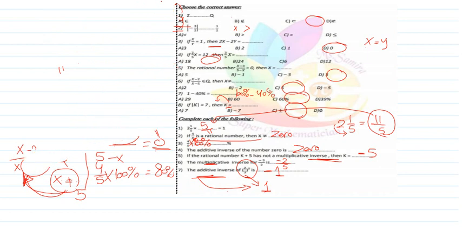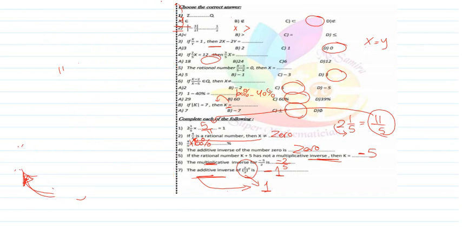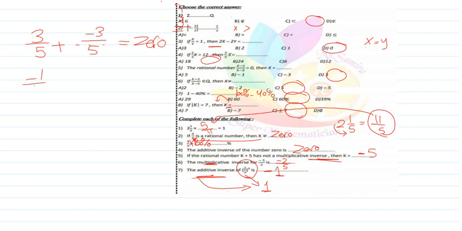If I have two additive inverses, the sum of them equals 0, like this. 3 over 5 plus what to get 0? The additive inverse, so negative 3 over 5. Now we have negative 1 over 4 plus what to get 0? This is negative, so it will be positive.